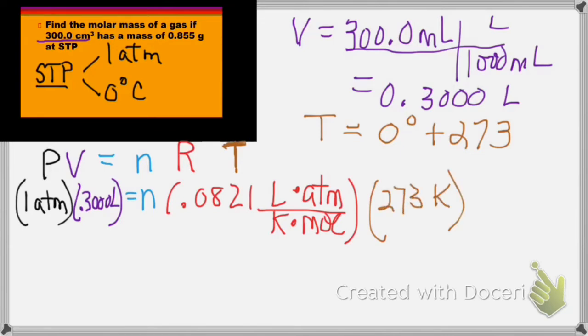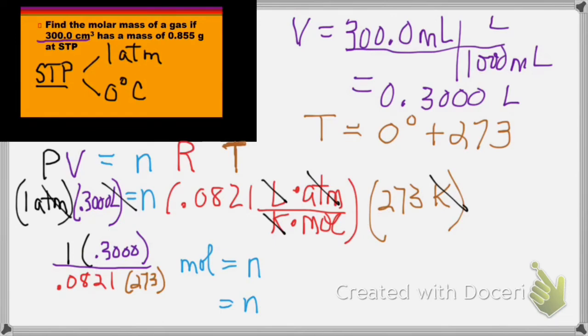Now we're simply left to solve. Units cancel. And we are left with n will equal 0.0134 moles.